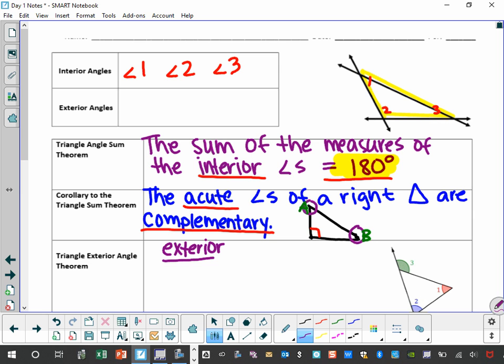Your first blank is exterior, your second blank is the sum, and your last blank is non-adjacent.